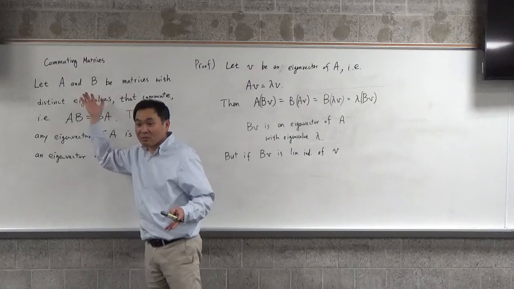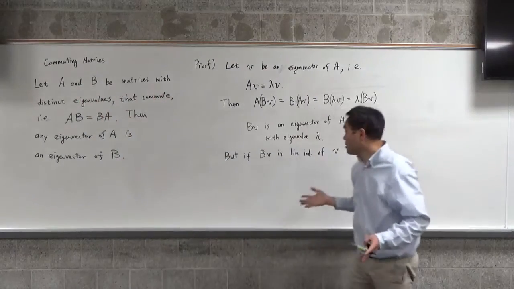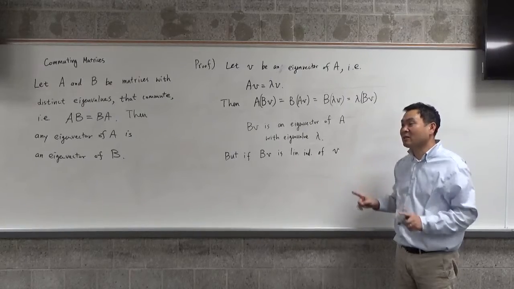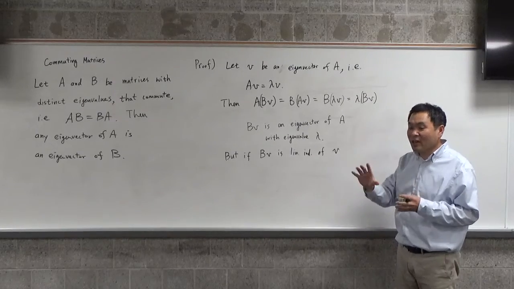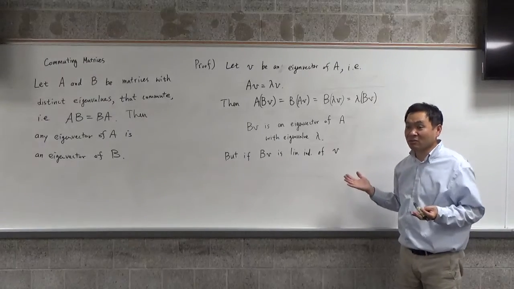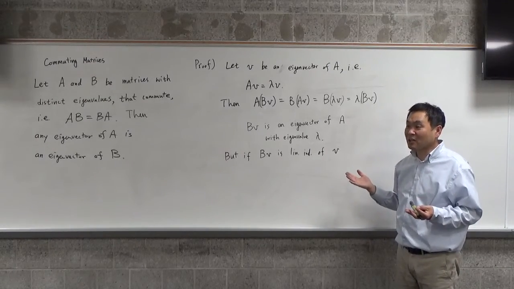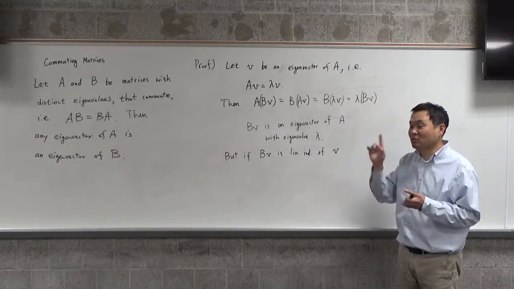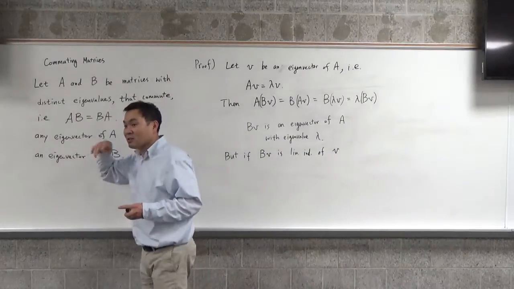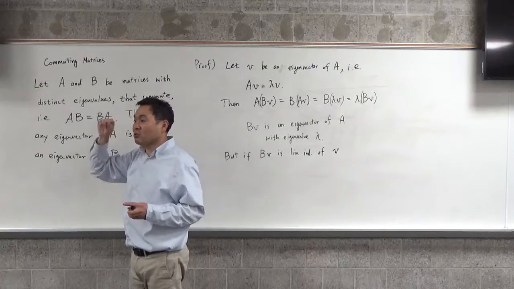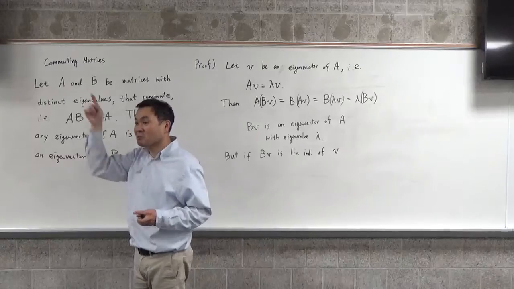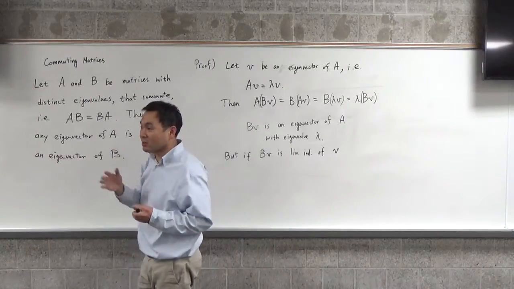If you have distinct eigenvalues, you can't have two distinct eigenvectors. I mean, if you take any eigenvector and multiply by a non-zero constant, that's again an eigenvector. That we know, right? But that doesn't give you a new direction. If you have distinct eigenvalues, then each eigenvalue will have exactly one subspace of eigenvectors.